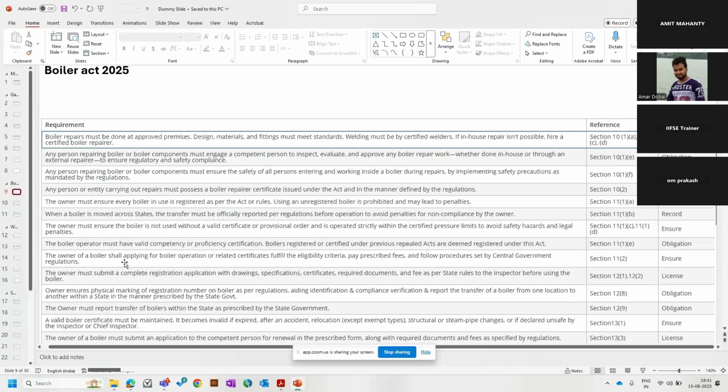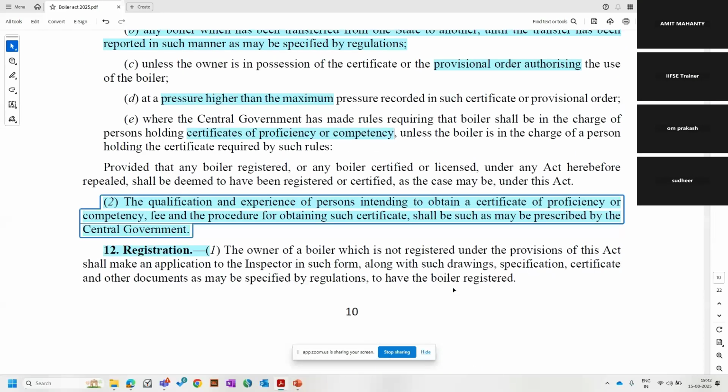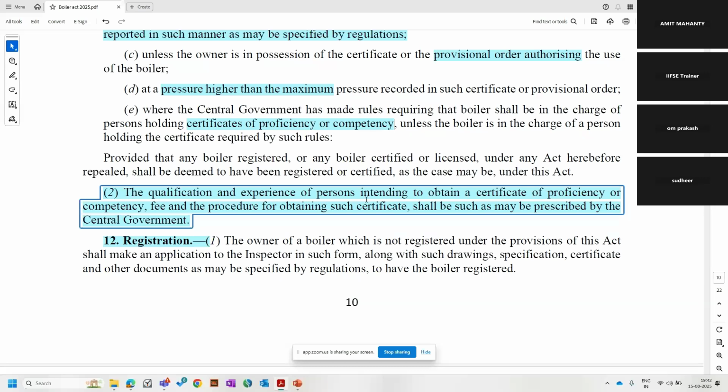Then the owner of the boiler shall apply for a boiler operation or related certificates, fulfill the eligibility criteria, pay the prescribed fee, and also follow procedures set by the central government and regulations. 11-2. So here, a qualified and experienced person intended to obtain a certificate of proficiency or competency, the fee and the procedure for obtaining such certificate shall be such as may be prescribed by the central government.